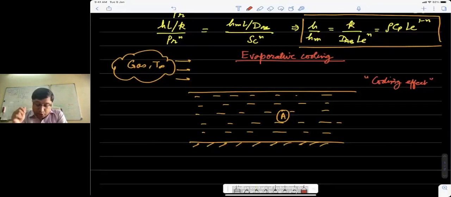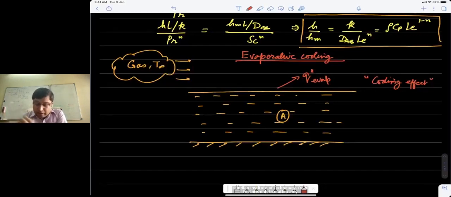At steady state, the rate at which heat is lost in the form of evaporation, Q double dash evaporation, must come from somewhere. If the same amount of energy doesn't come from somewhere, then the liquid will keep cooling itself.